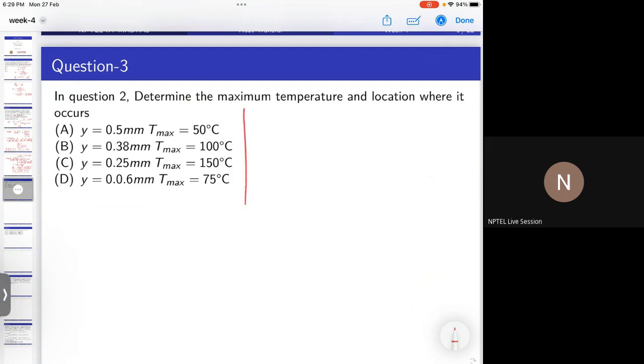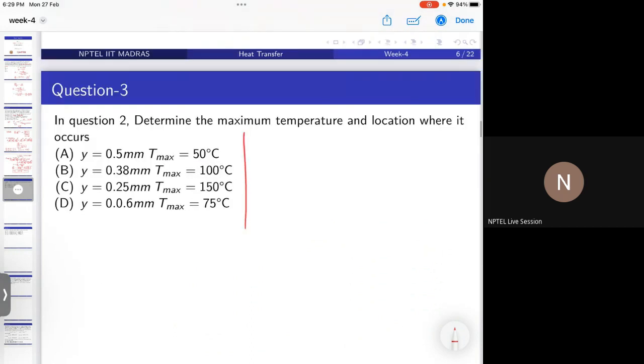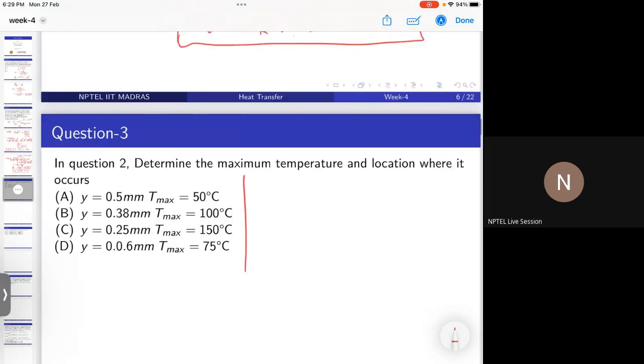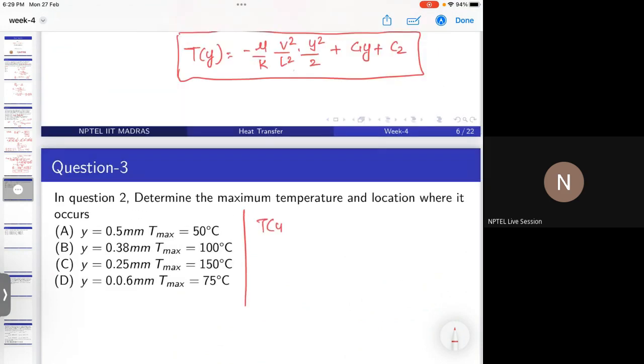For that we have to find out C1 and C2. So I am taking this equation once again: minus mu by k V square by L square y square by 2 plus C1 y plus C2. So at y is equal to 0, what is the temperature?